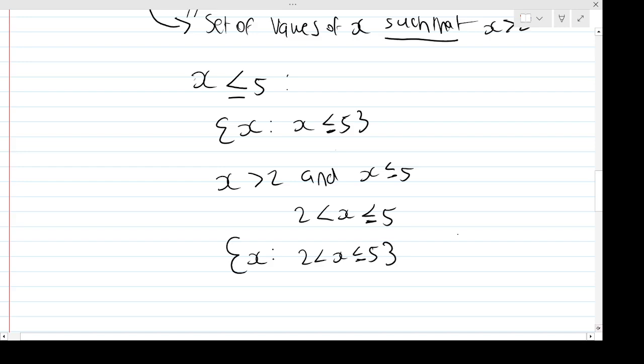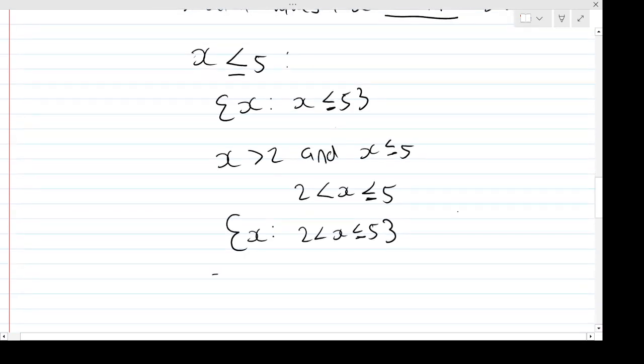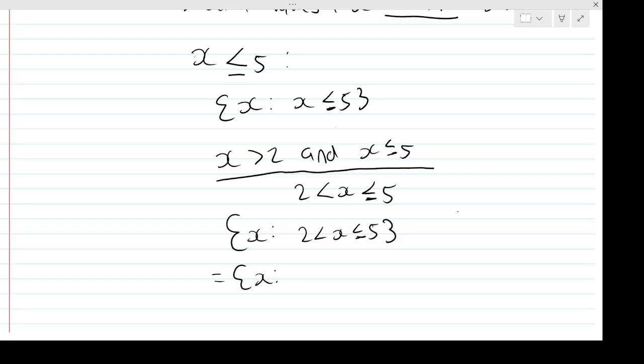However, we can also split this into two separate sets or two separate brackets, to say this set x again, and we can write this out instead. So x greater than 2 and x less than or equal to 5. So you can split the inequalities up to say x greater than 2 and, but how do we write and?